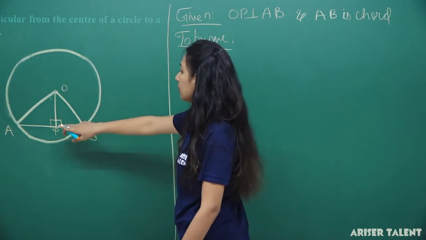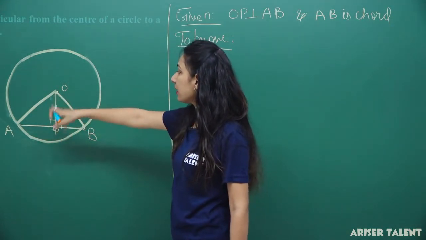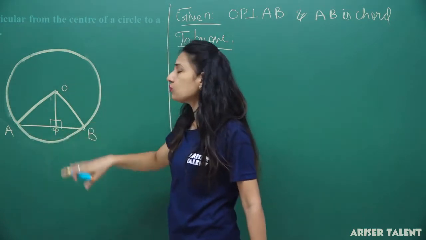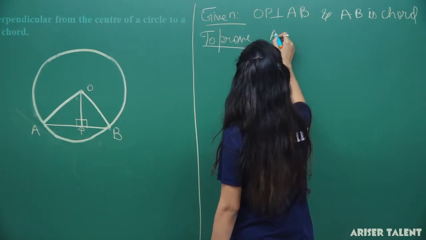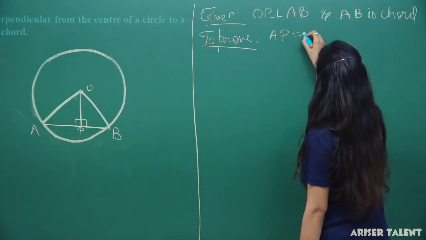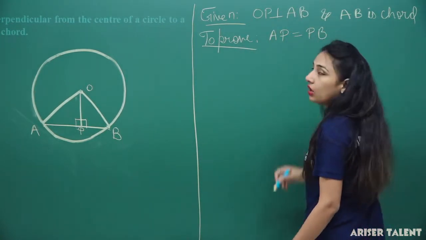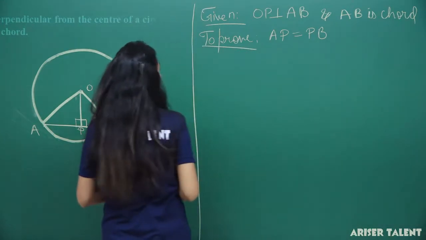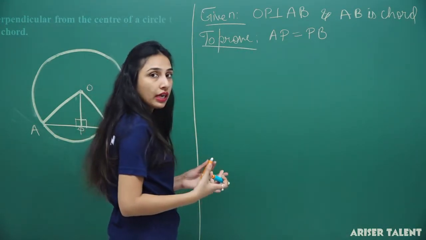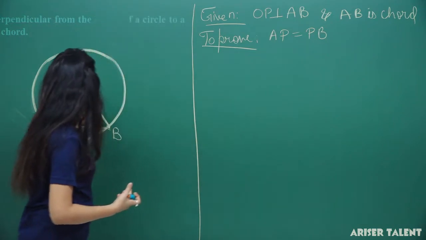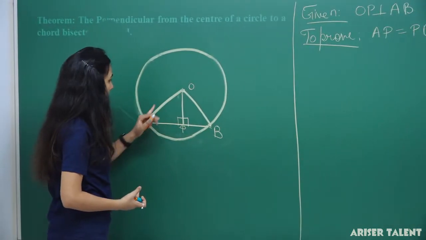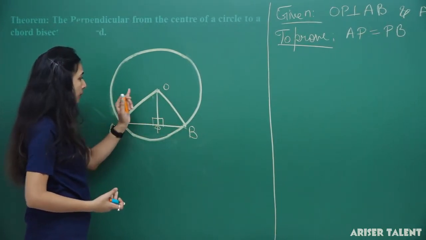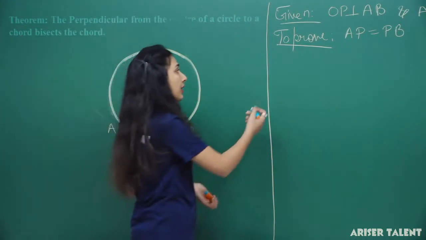That this line AB is bisected by this line OP. That means AP is equal to PB. So to prove AP equals PB, what we have constructed for that: we join O to A and O to B.